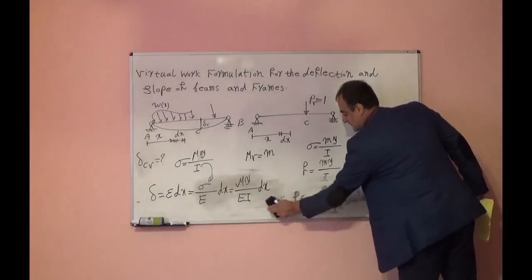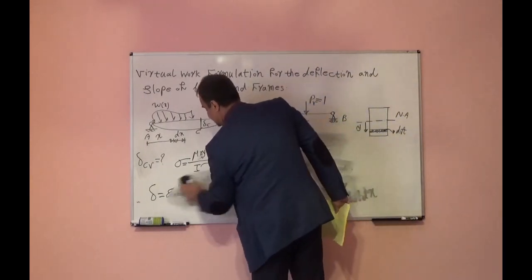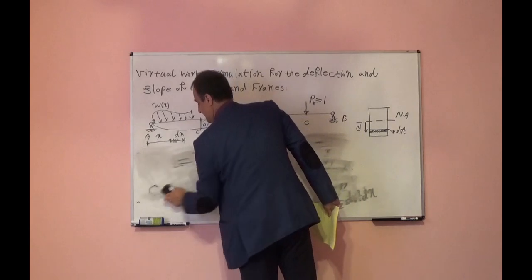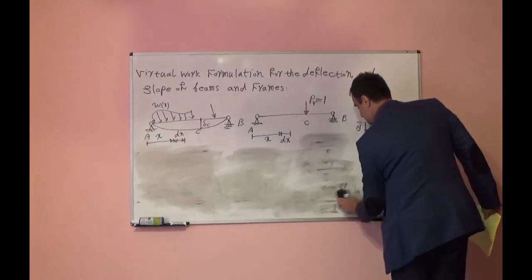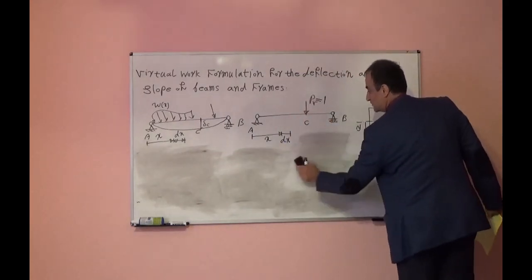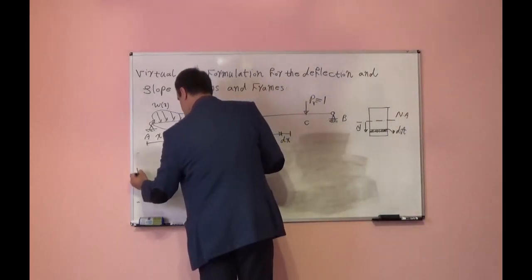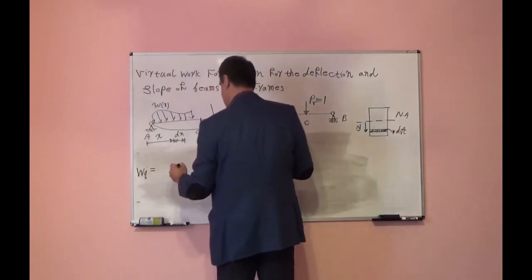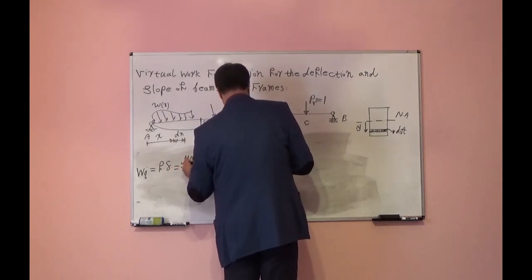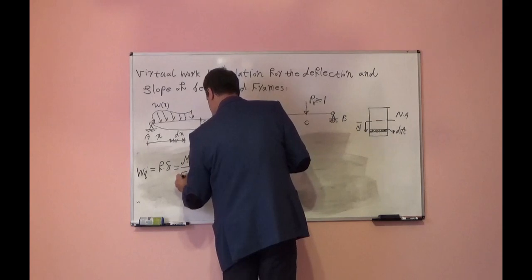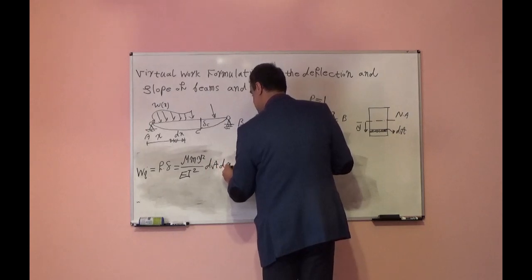Let's see, I rewrite that expression one more time. So, internal work is equal to F times delta, that is equal to M m y squared over E I squared dA dx.